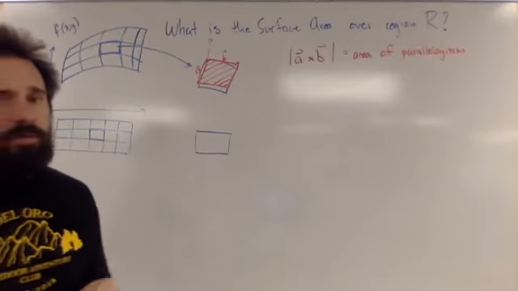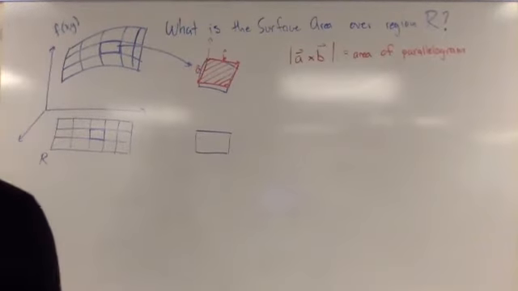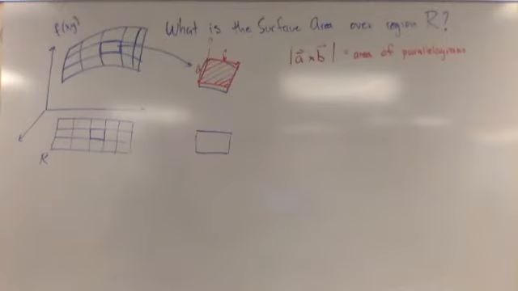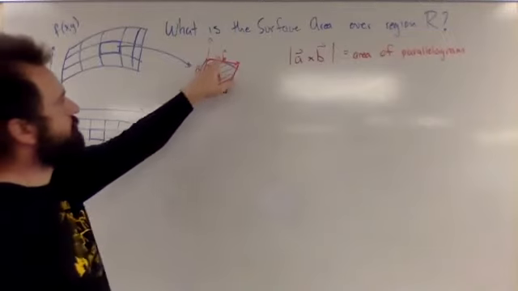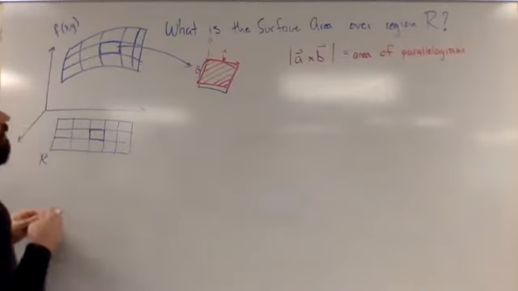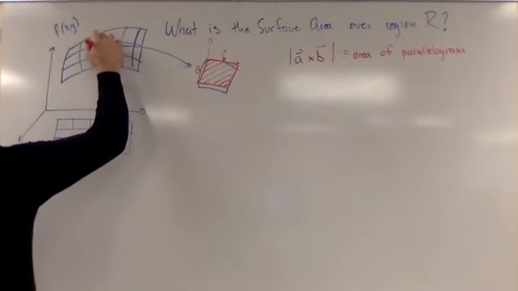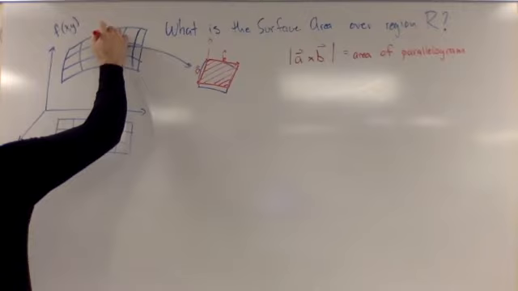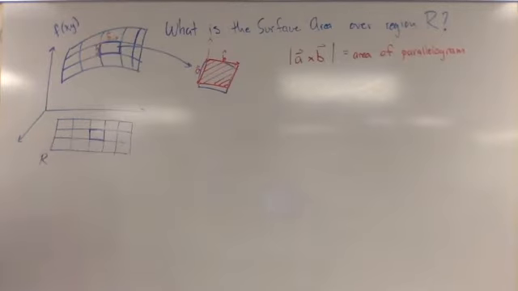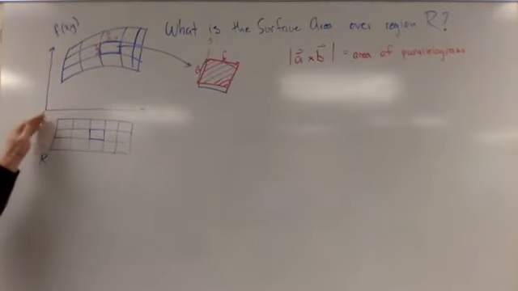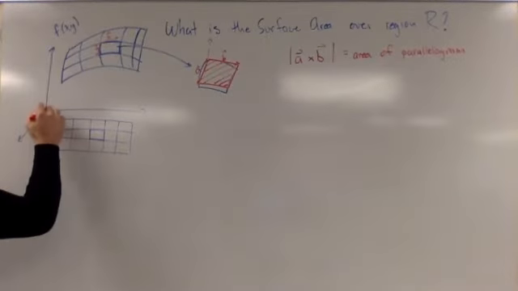Okay, so let's talk about how I'm going to come up with the A vector and the B vector. Looking at the components for the A and the B vector, I'm going to take these two vectors, that's my B vector, that's my A vector, and move them down here at the origin so we can talk about them a little better.